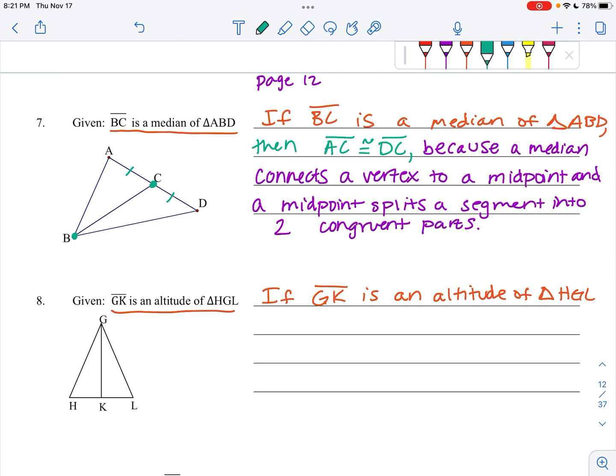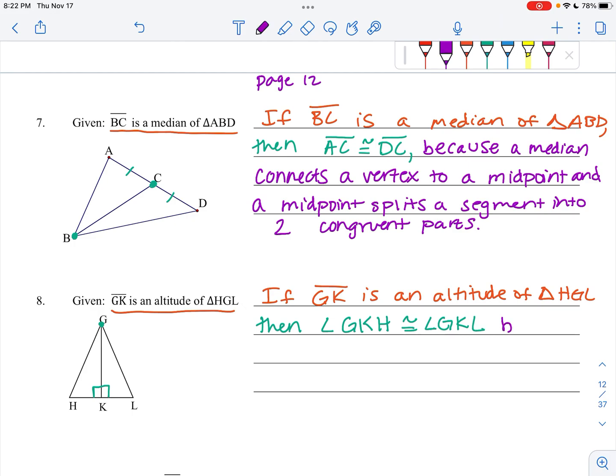Well, if I know it's an altitude, it connects a vertex to the opposite side at a right angle. So I would say then, maybe angle GKH is a right angle, or maybe I'd say that angle GKH is congruent to angle GKL.